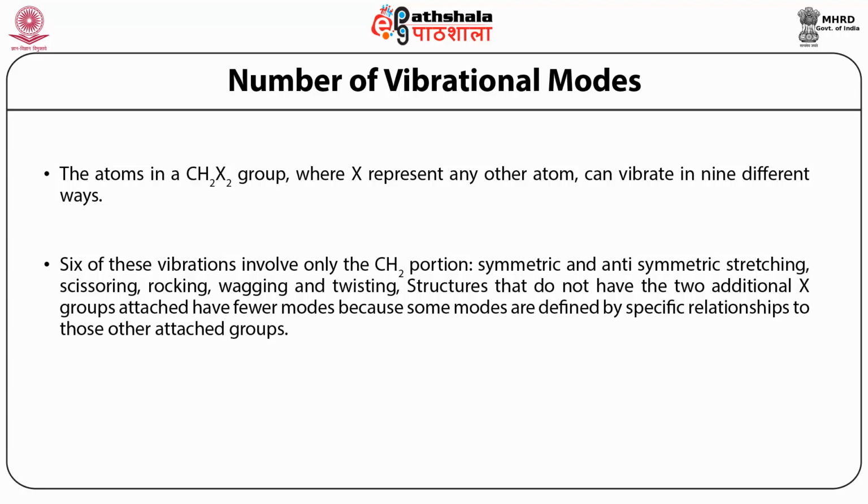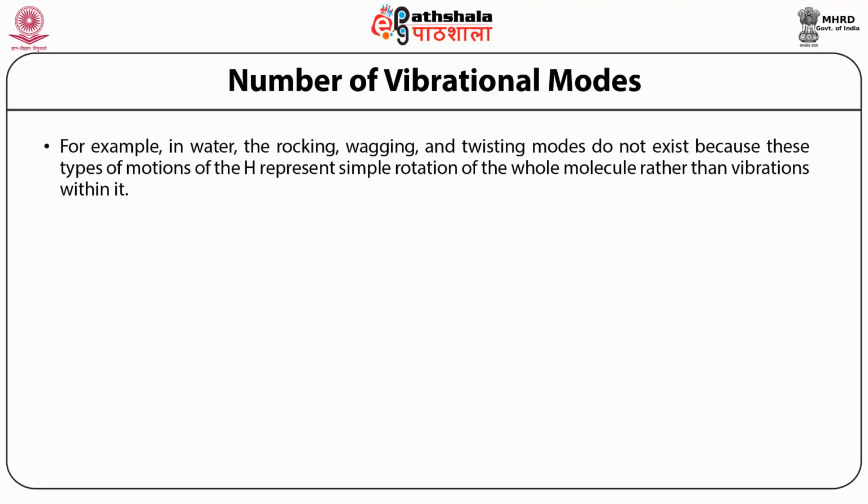Structures that do not have the two additional X groups attached have fewer modes because some modes are defined by specific relationships to those other attached groups. For example, in water, the rocking, wagging and twisting modes do not exist because these types of motions of the hydrogen represent simple rotation of the whole molecule rather than vibrations within it.